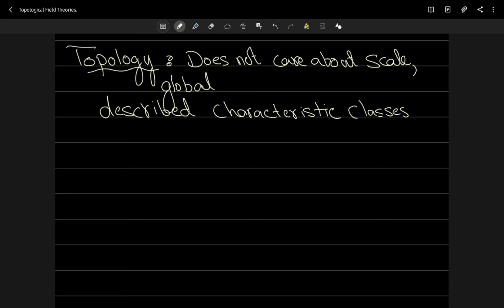The first one is if the action, that is S, defining a classical theory through Euler-Lagrange equations, or a quantum theory through the path integral, does not contain a reference to a metric. And so if that's the case, then obviously it will not change upon changing the metric, because of course there is no metric in these theories.